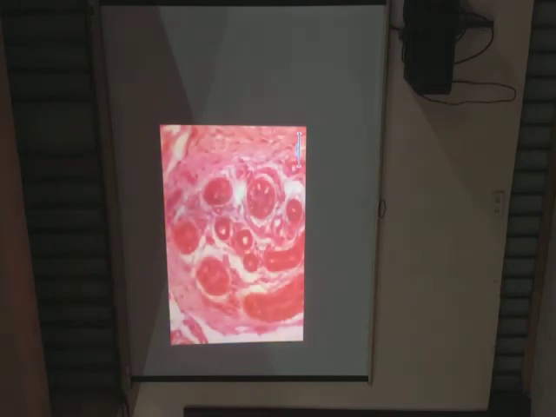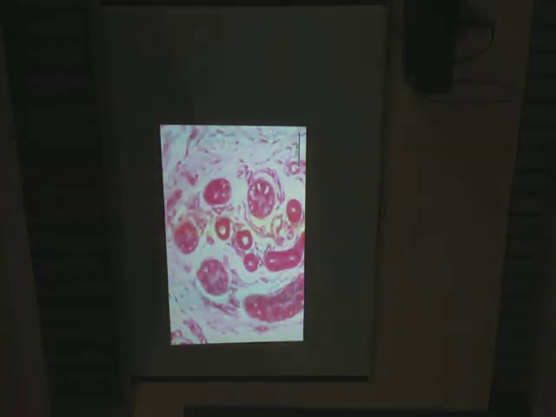If those are the ductal portions, those two structures should be called secretory. Secretory portions of what type of sweat gland? Eccrine. And then identify the cell pointed. Myoepithelial.